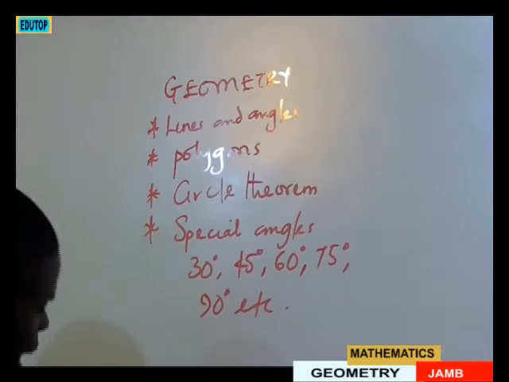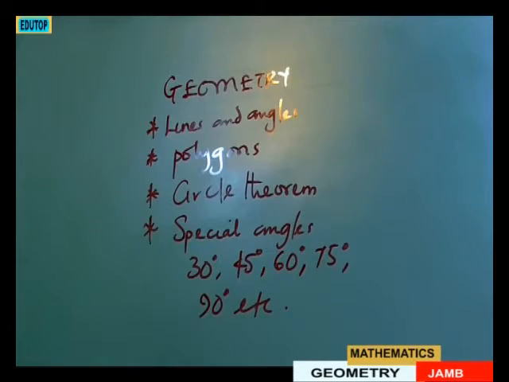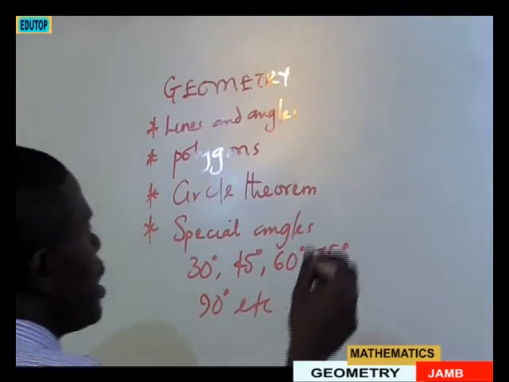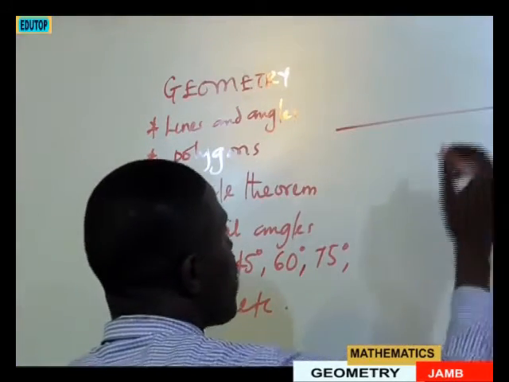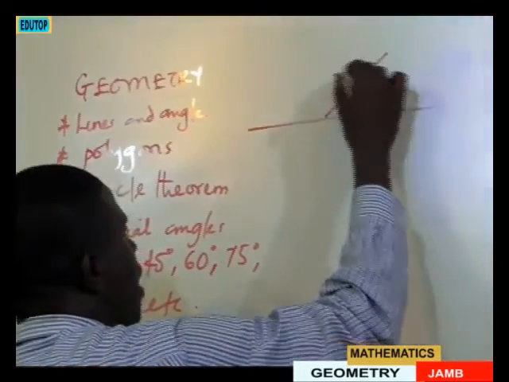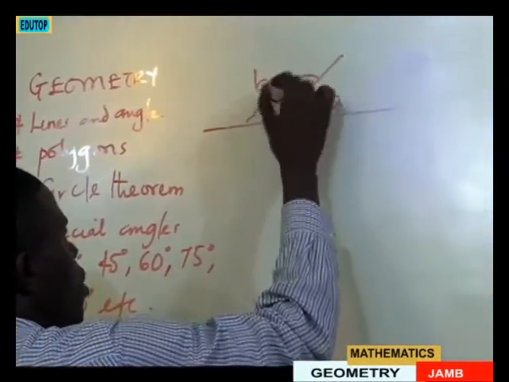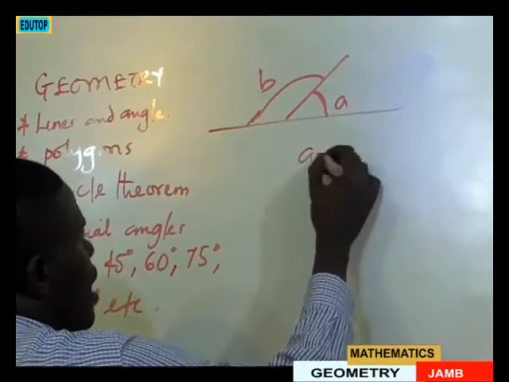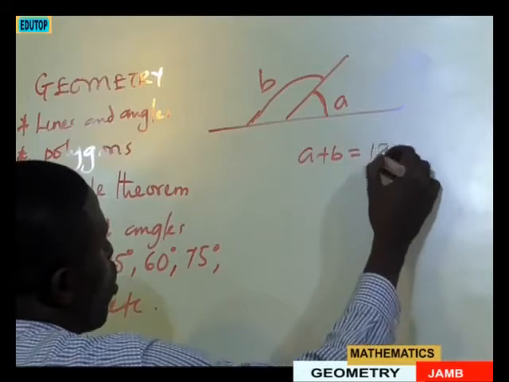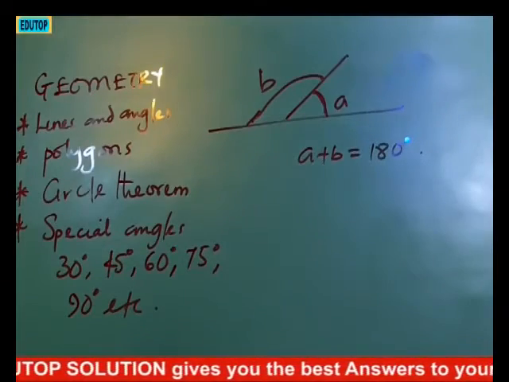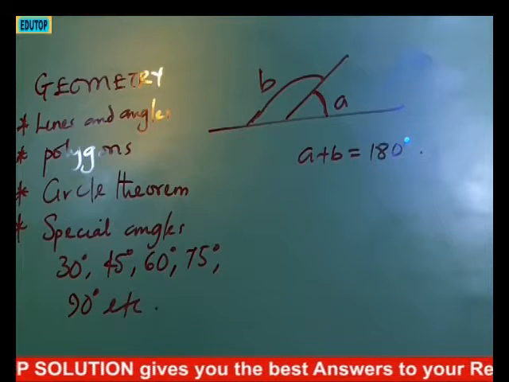There are different kinds of lines. We have straight lines, we have parallel lines. So it is noted that if you have a straight line, let's say this is A and this is B, if you look at this very well, you discover that two angles are formed on a straight line. You can say that A plus B is definitely equal to what? 180 degrees, because the sum of angles formed on a straight line adds up to 180 degrees.